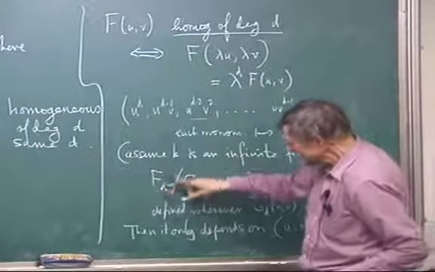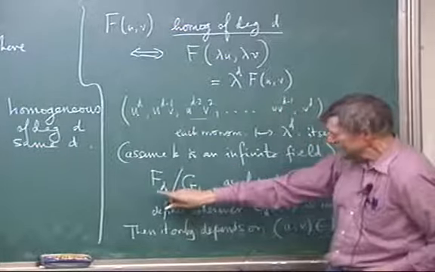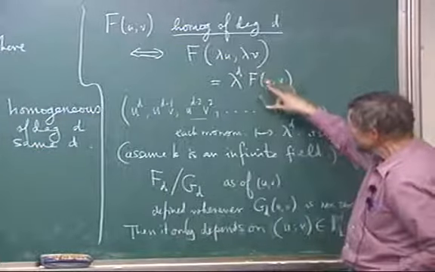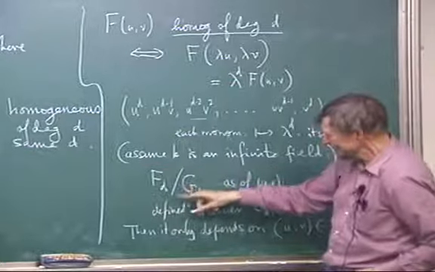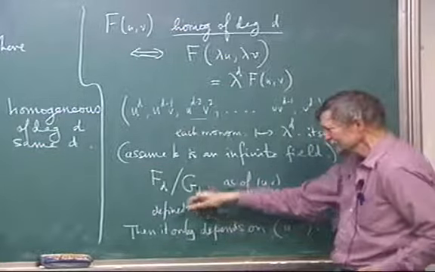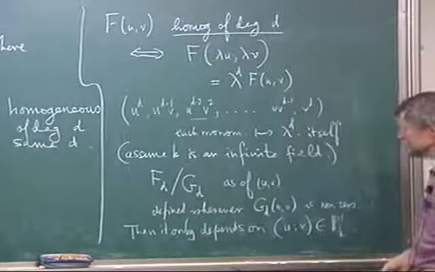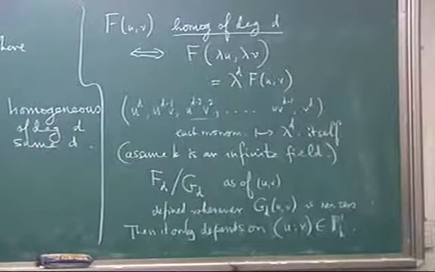However, if I take the quotient of two different such guys, then when I change the representative of the point uv, this one gets multiplied by lambda to the d, and this one gets multiplied by lambda to the d, so the fraction as a whole is invariant. So I've constructed invariant functions that are partially defined.